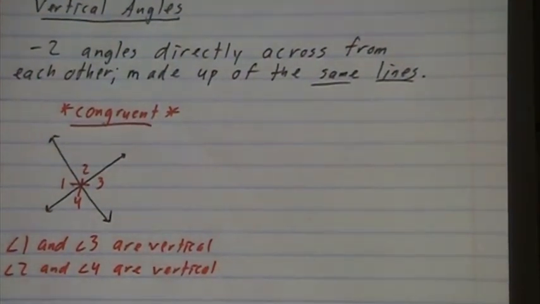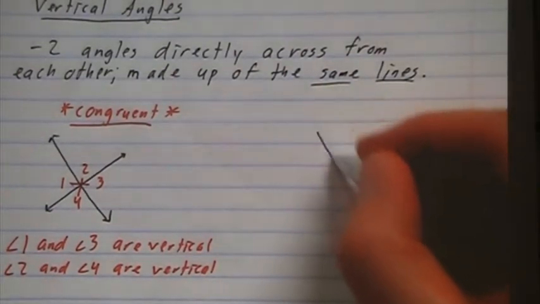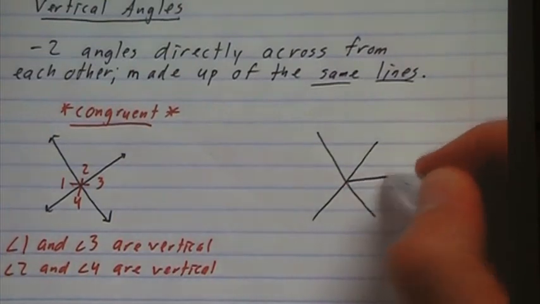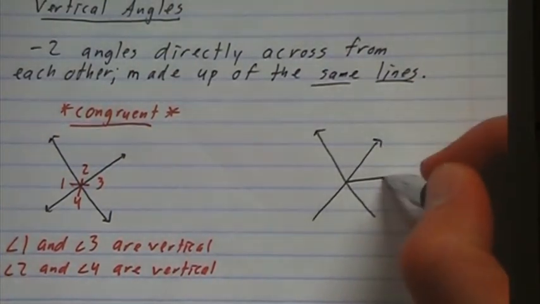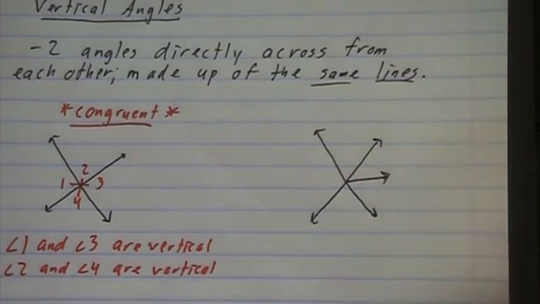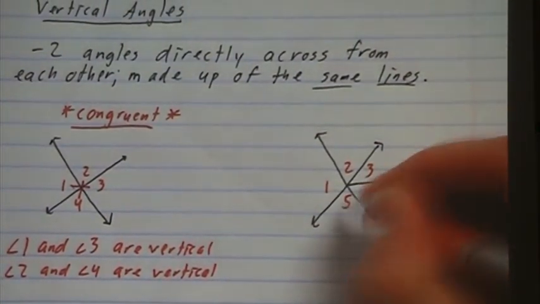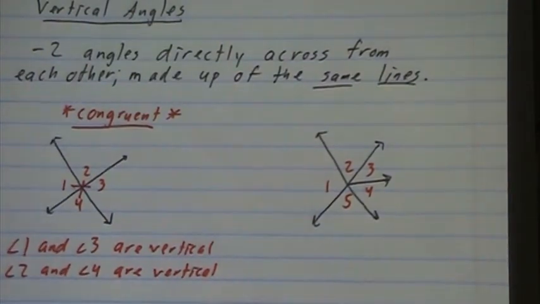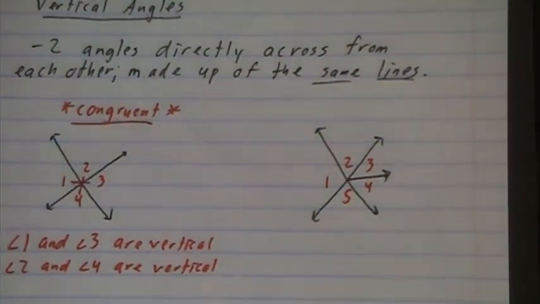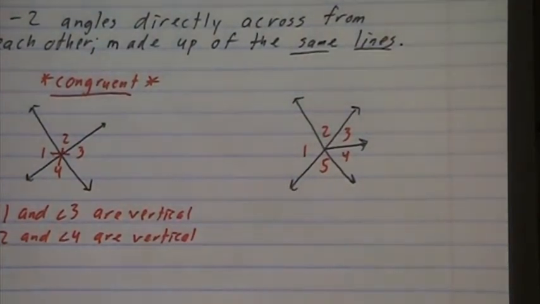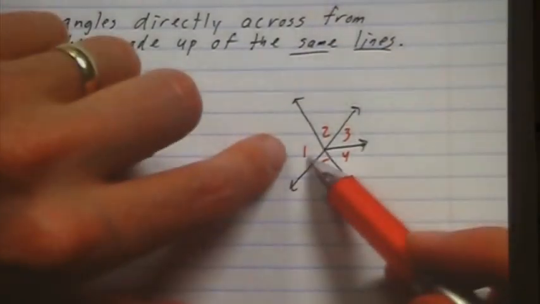Now, another example, just so you see something that might not be vertical. Check this out. In this situation, what are your vertical angles? Well, you might say, 1 and 3 are across from each other.